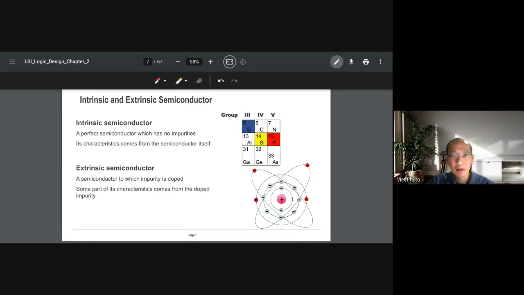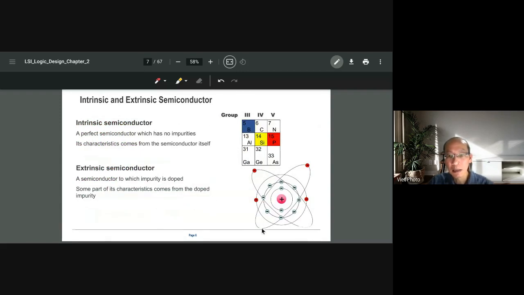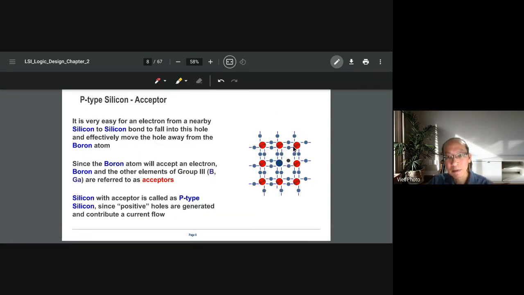This one is intrinsic. Now there is extrinsic, when we introduce impurities. Silicon has 4 electrons around the atom, and in the crystal it connects perfectly, 4 and 4, giving a perfect crystal.